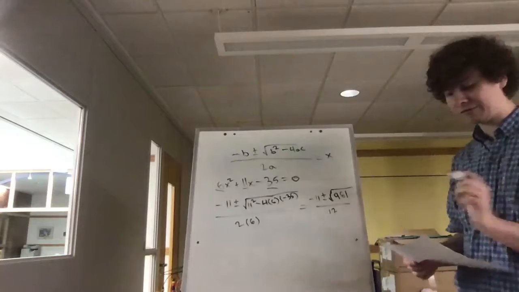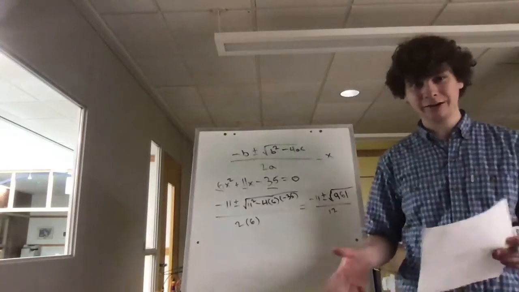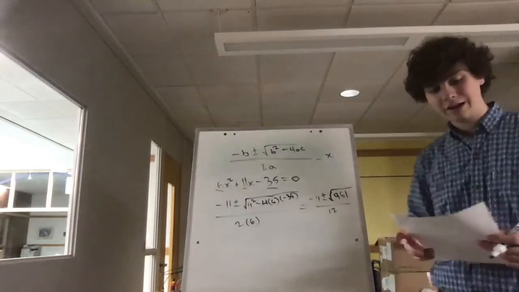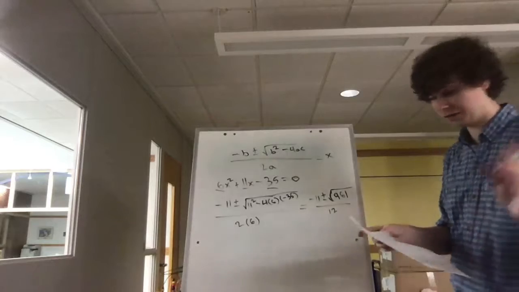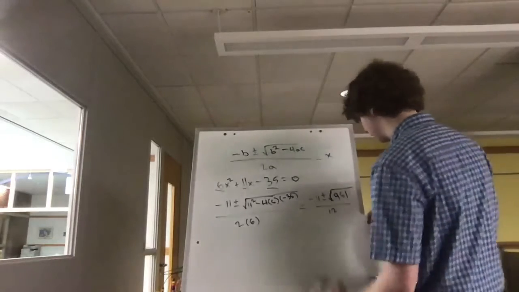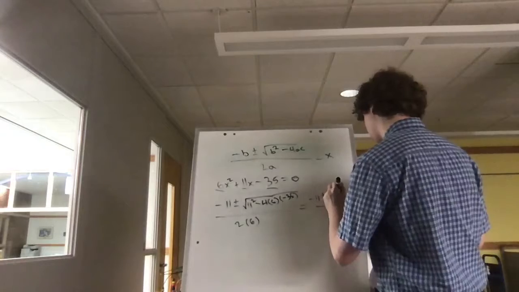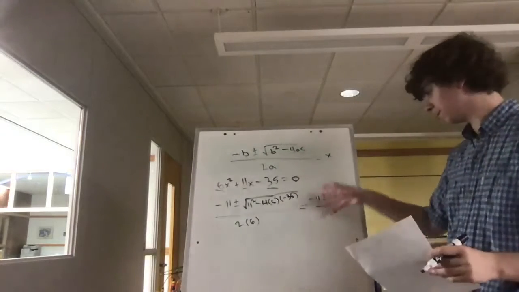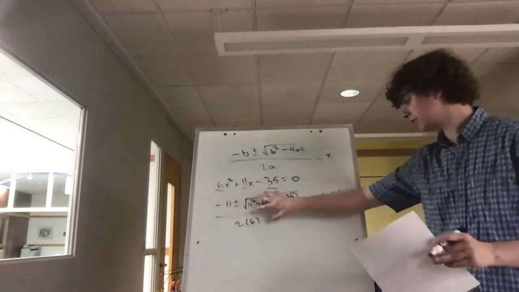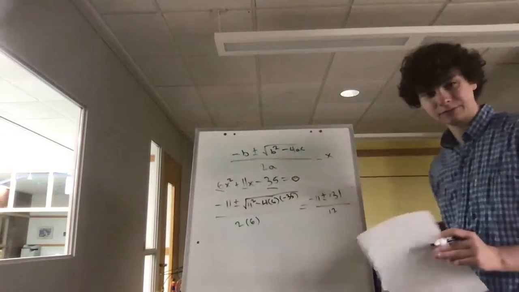Now, what is the square root of 961? Again, I used my calculator, but the square root of 961 is actually 31. So now this is what we have. All of this simplified to here.